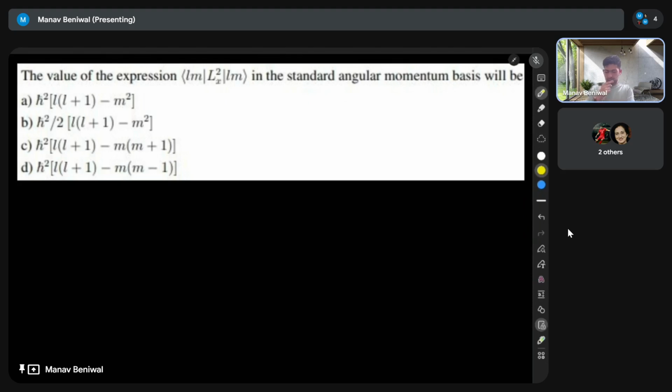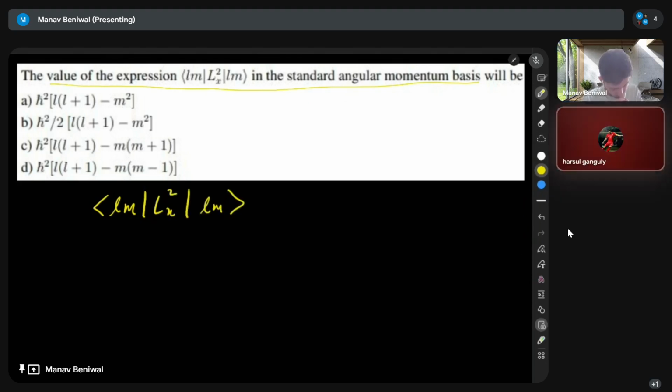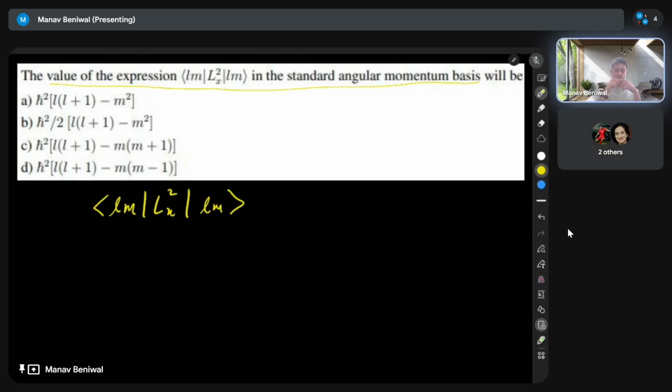Again this should be an easy problem. We have to find the value of this expression in the standard angular momentum basis. So this is the eigenstate Lm, and we have to find the expectation value of Lx squared.